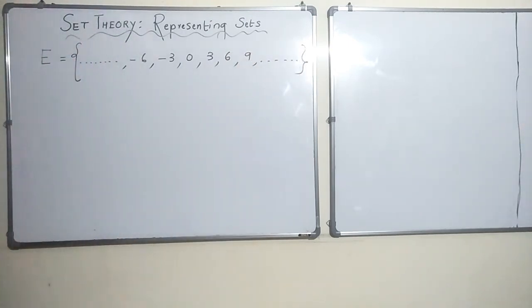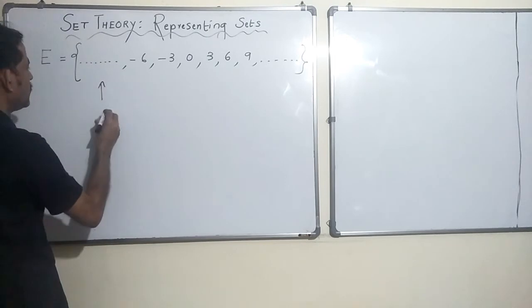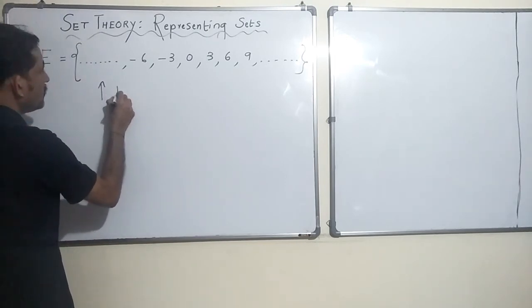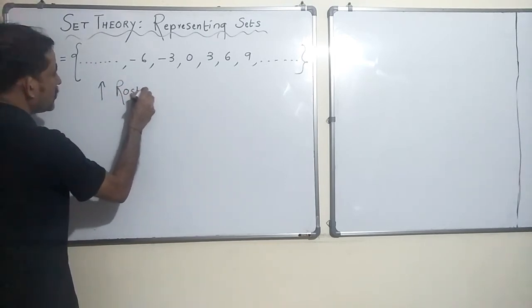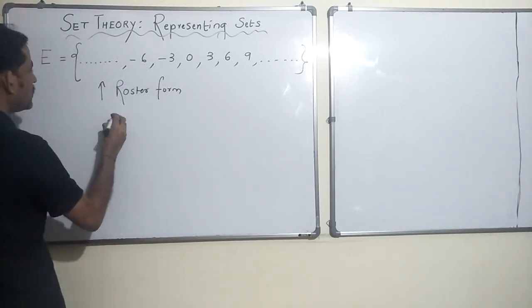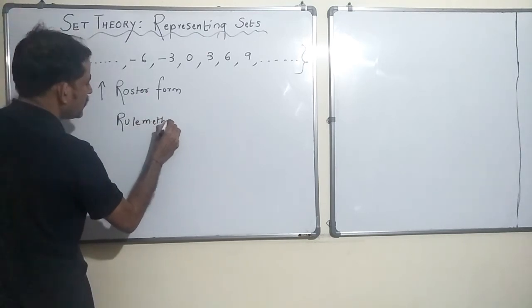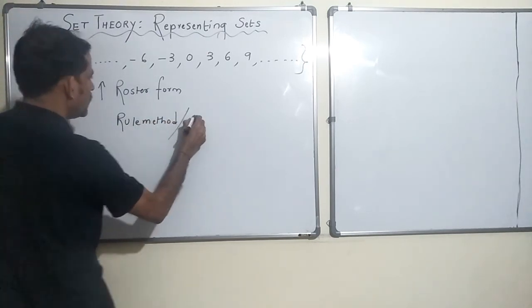So how can we write this in the set builder form? This is in the roster form. What we need to write down is in the rule method or set builder form.